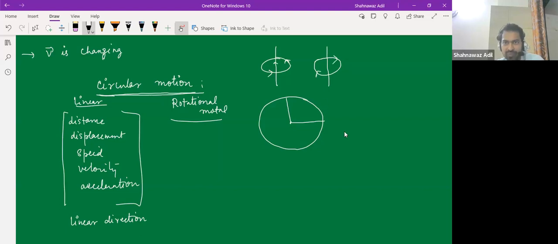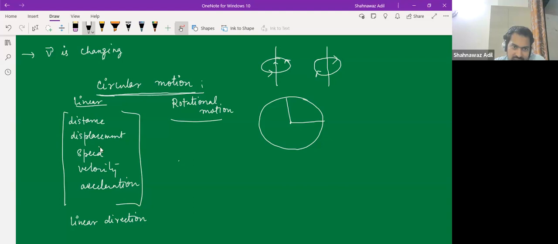So this is what we call the rotational or circular motion. Understood? So whatever physical quantities we had that define the motion of the object will have some rotational analog, right?